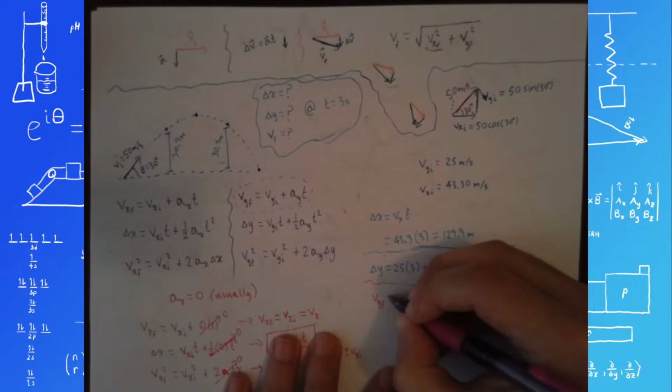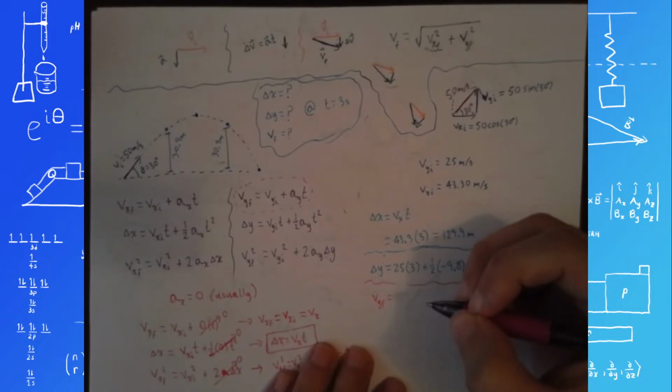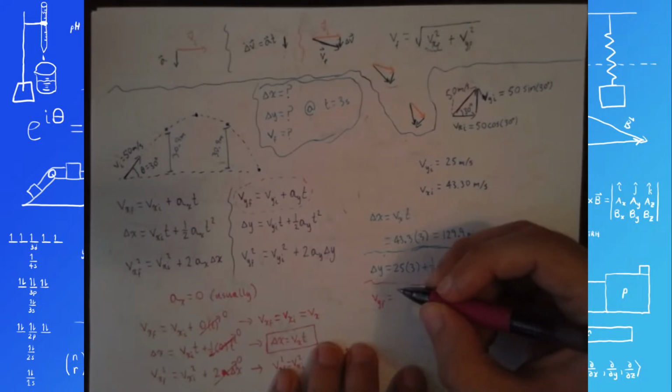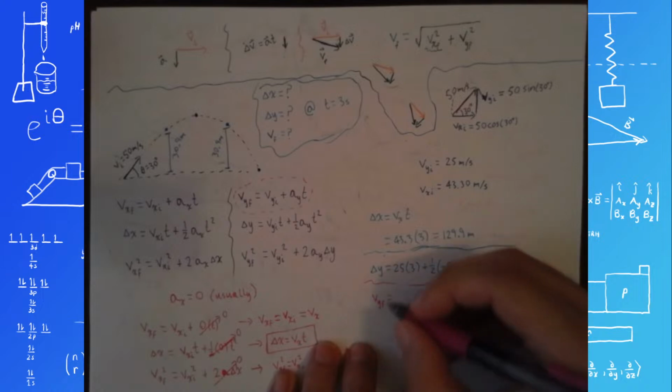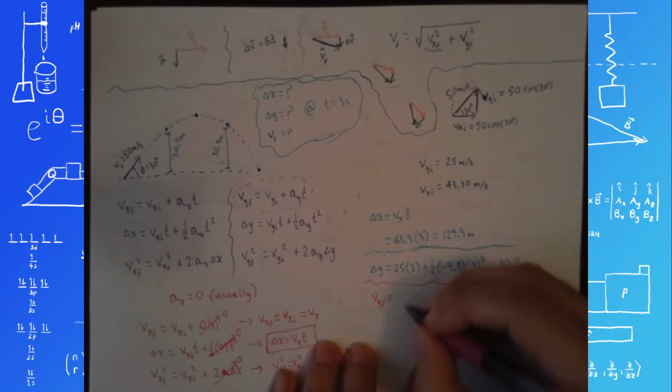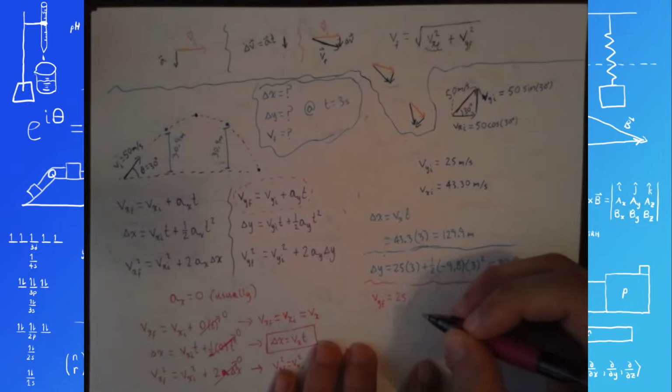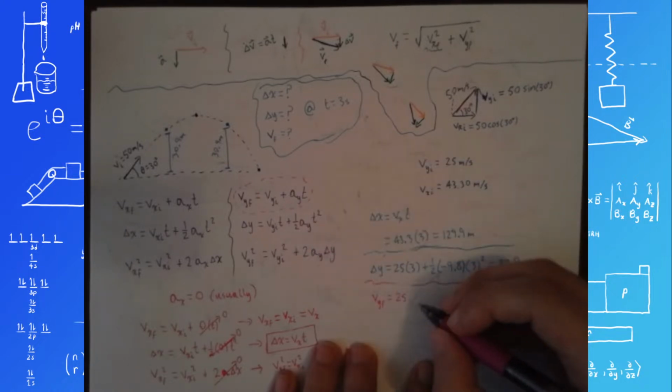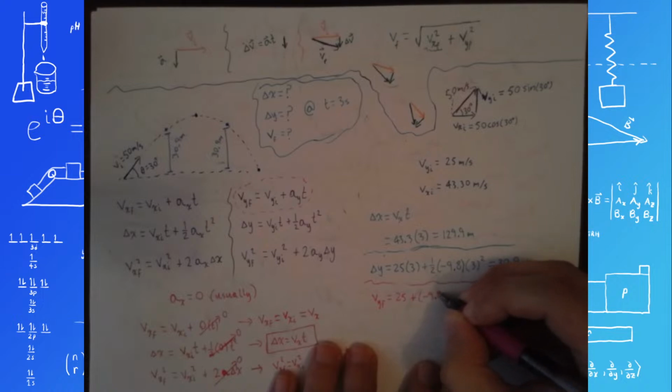Vy final, meaning at the end of 3 seconds in this case, is equal to Vy initial, which was positive 25, plus acceleration in y, plus negative 9.8, times 3.